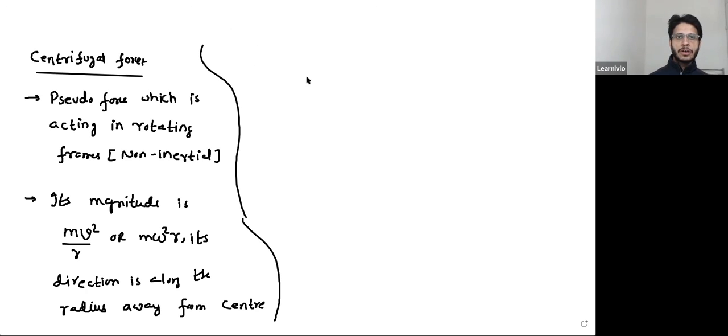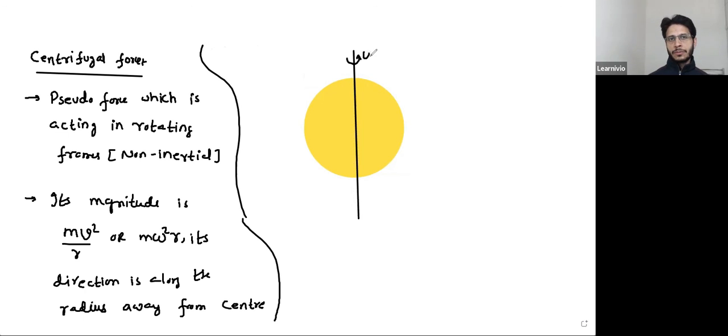So if this is a rotating frame, this is the axis, and it's rotating with an angular velocity omega. A body placed on the frame will experience a centrifugal force which is away from the center.